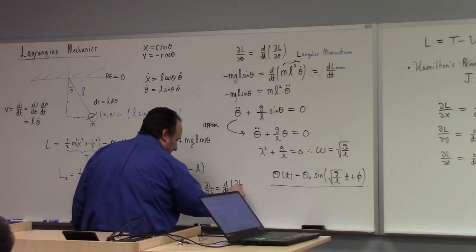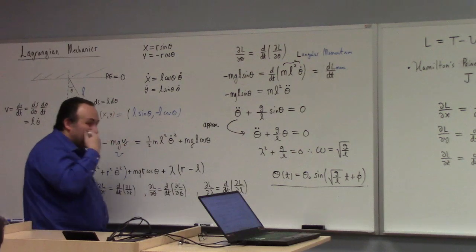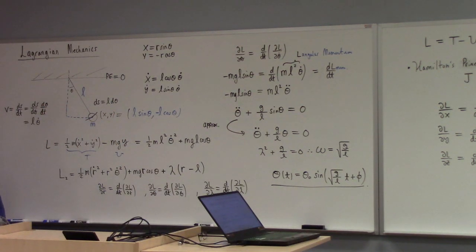This is how the method of Lagrange multipliers generalizes to Lagrangian mechanics. You just add lambda times your constraint. And when you do that, the constraint equation becomes one of the Euler-Lagrange equations. See what happens with my partial L, partial lambda?